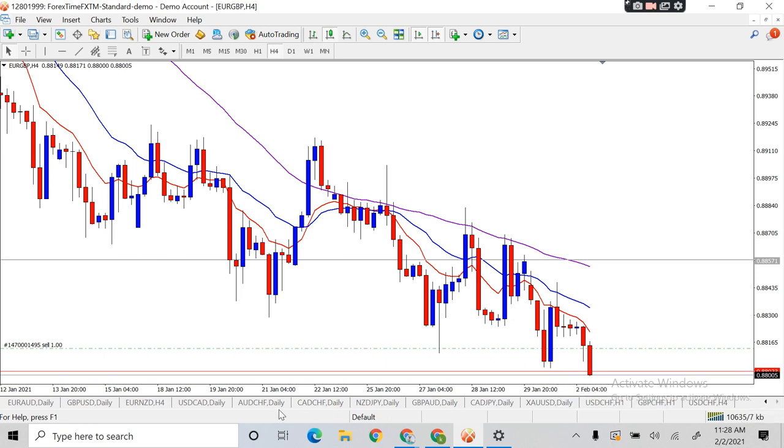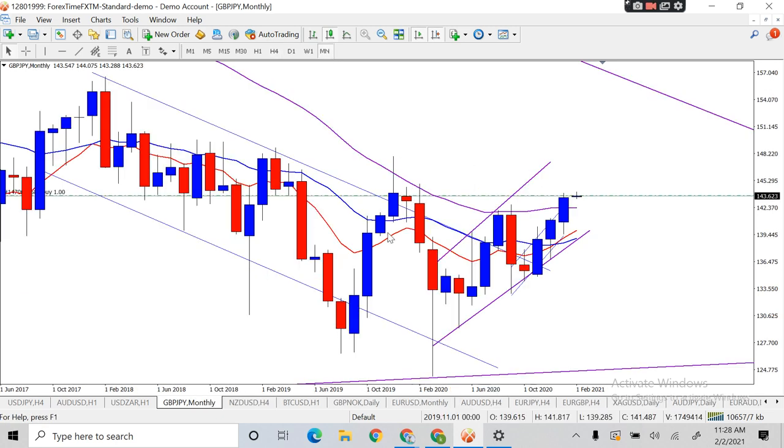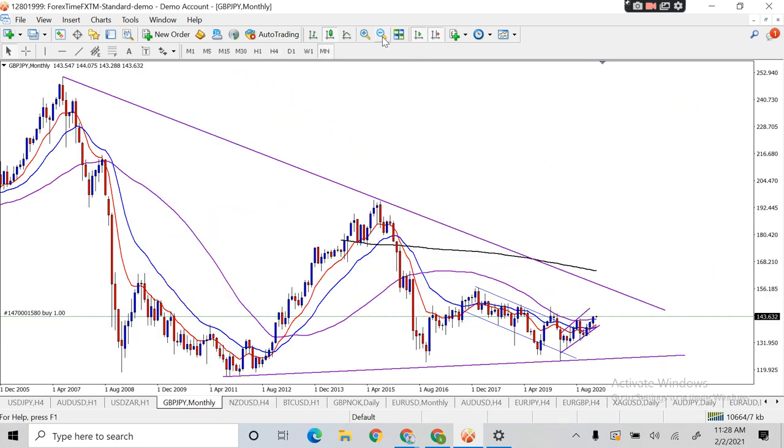GBP JPY. Okay, now going back to our monthly, don't mind my lines.